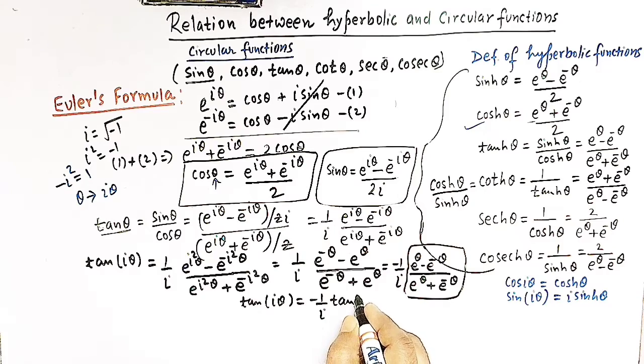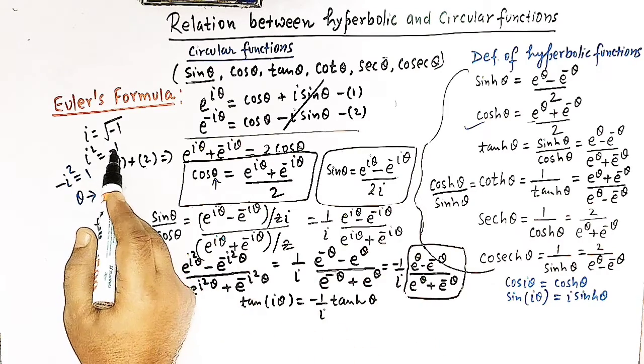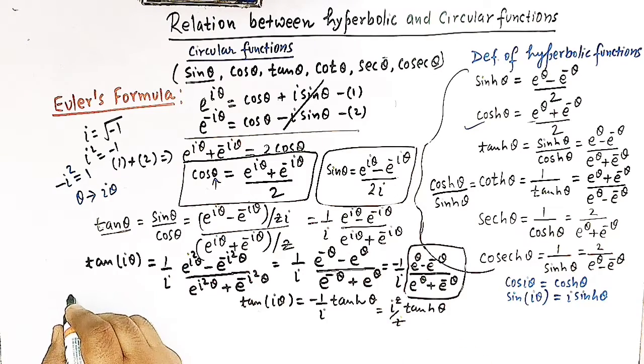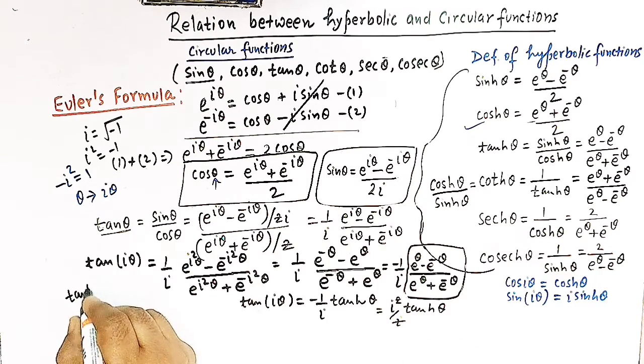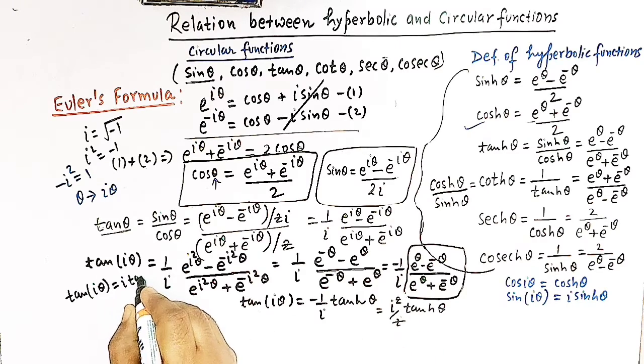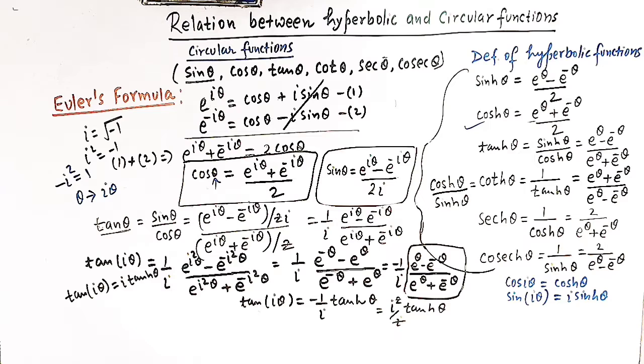Now minus 1 can be replaced by i². So we have now i² over i and hyperbolic tangent of theta. So i and i get cancelled. So we have now tangent of iθ is equal to i times the hyperbolic tangent of theta, right?